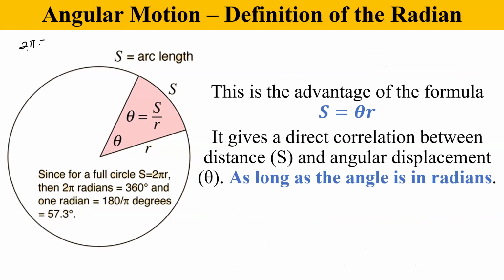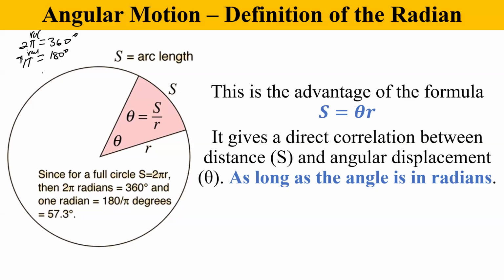So we're saying 2 pi is equal to 360, so 1 pi is equal to 180 degrees. All right, so one pi radian. This is radians, this is degrees.